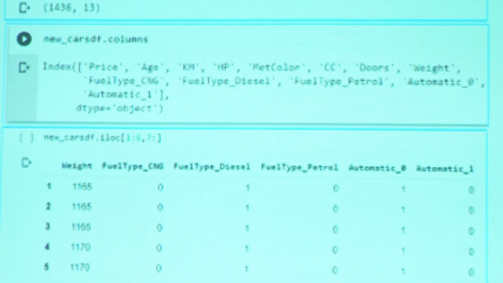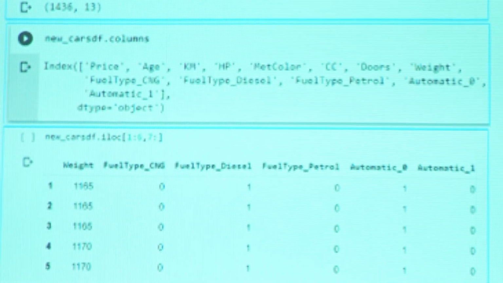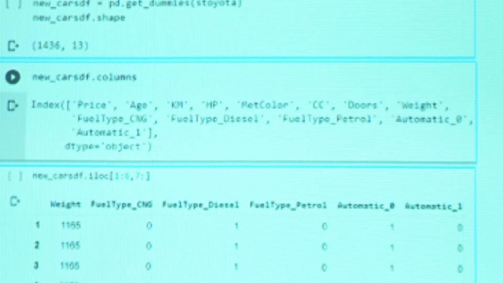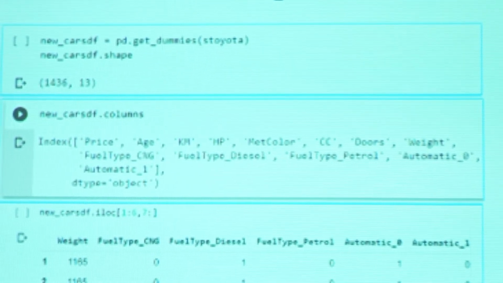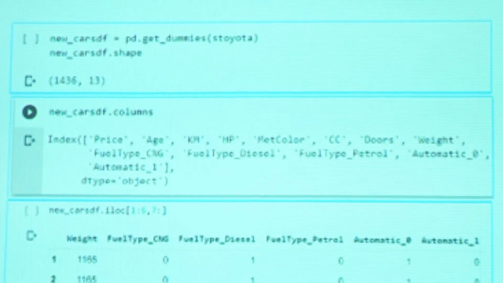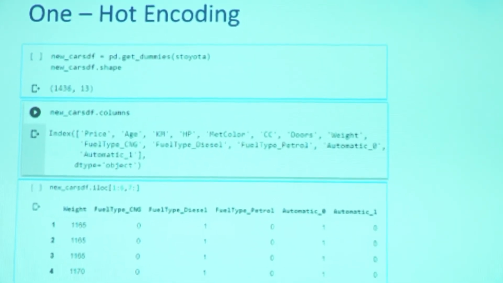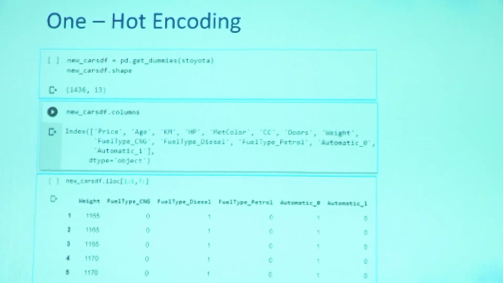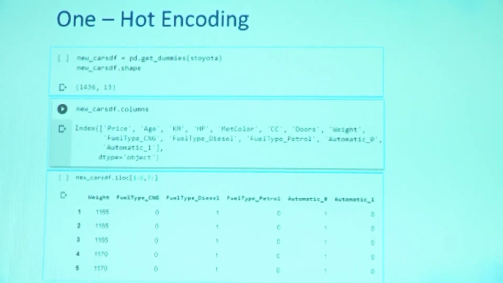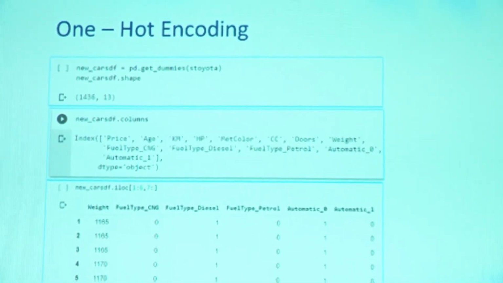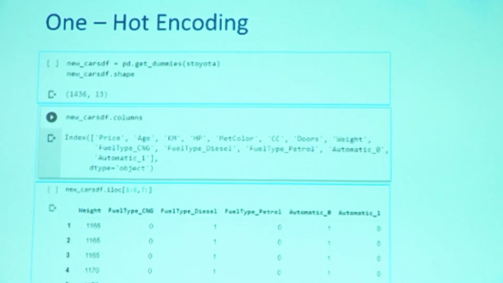Understood? So it has appended a few more columns based on the category, and when a category is present, only that column will be 1, otherwise the others will be 0. So definitely it is one hot encoding. Only the required criterion is 1, and all remaining criteria in that category are 0. That is done by using the get dummies method. You'll have to reframe your data frame with get dummies.